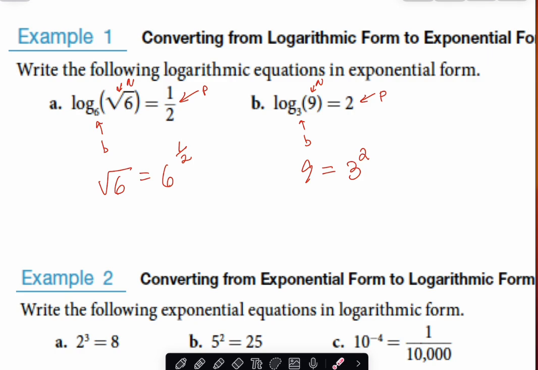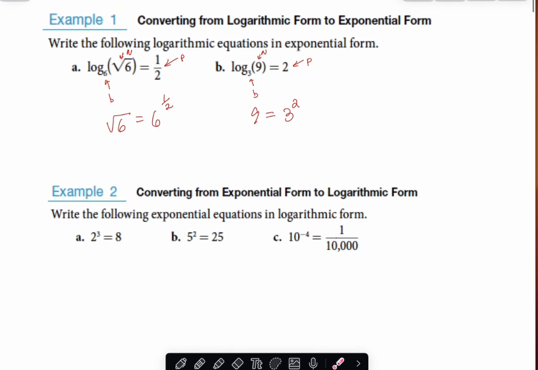Now, we should be able to go from logarithmic form to exponential, but also back from exponential to logarithmic. So that's what example 2 is looking at. Here, our base is 2, our power is 3, and this is the number that it was equal to. So the number goes inside of our logarithm, with the little base there.